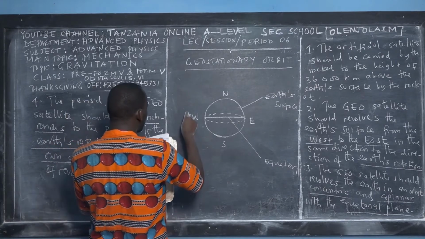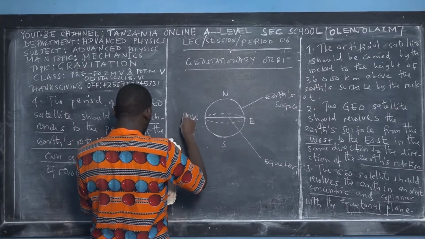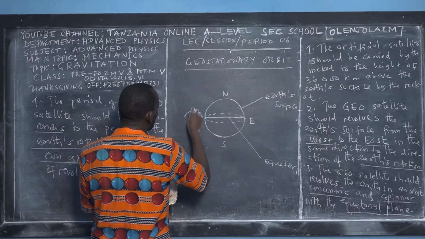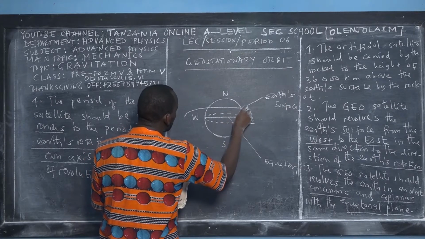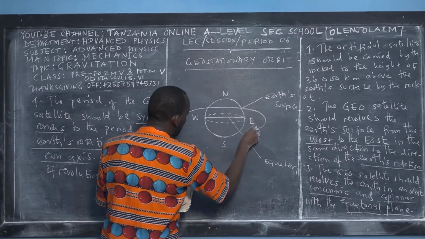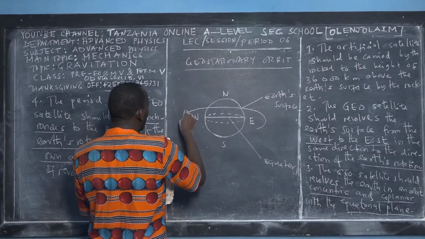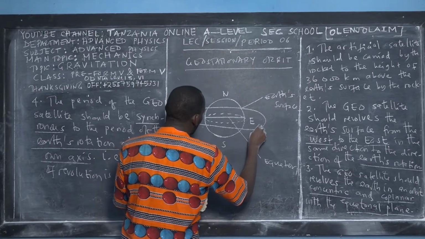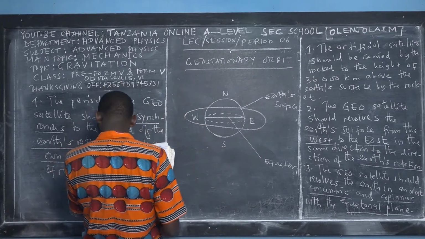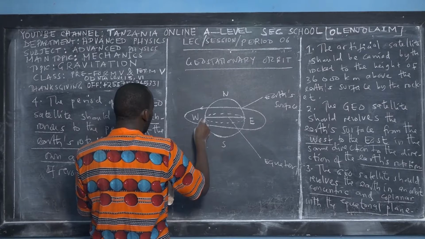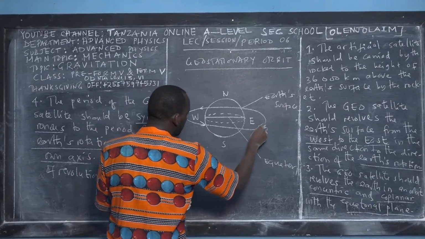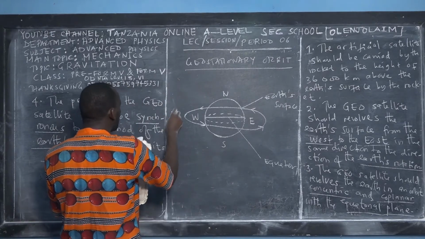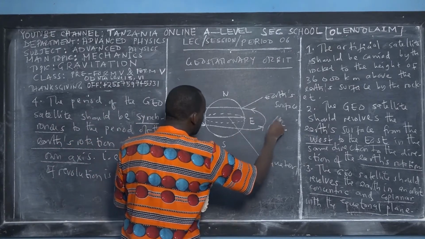So the geostationary satellites now will be like this. So it's an elliptical path following the S. If I could have a colored chalk, I would show it differently.